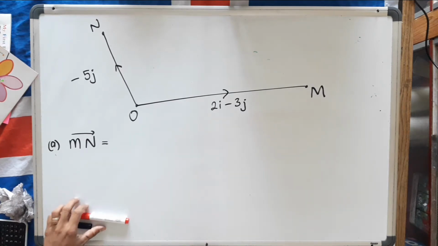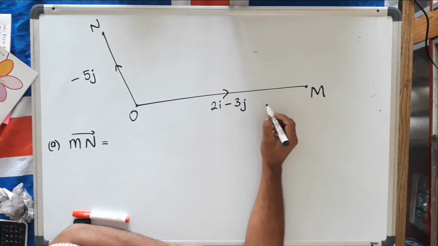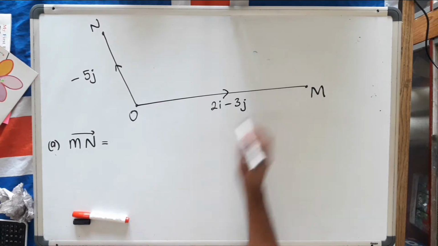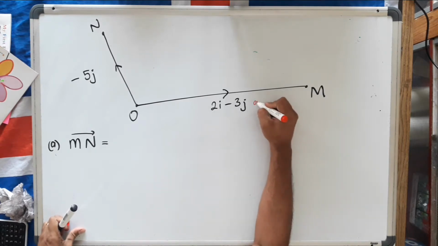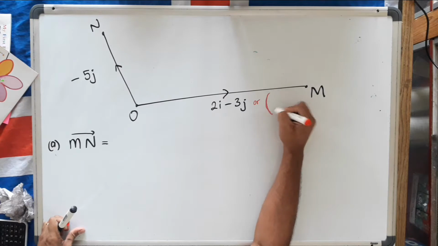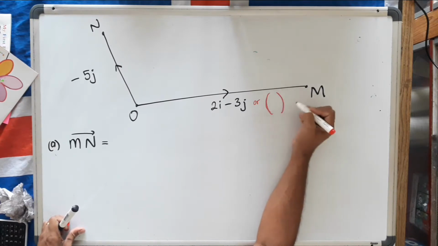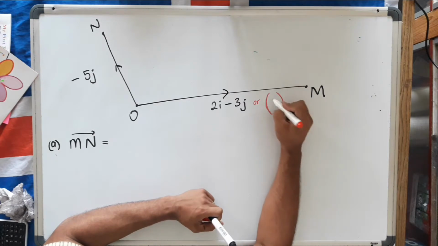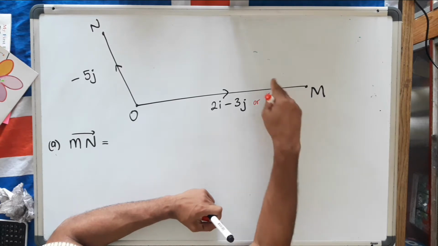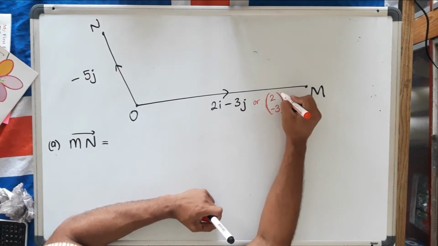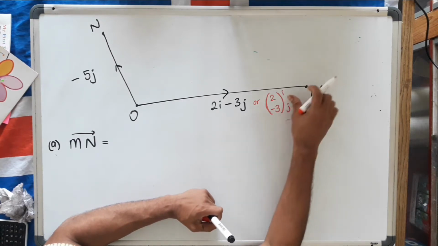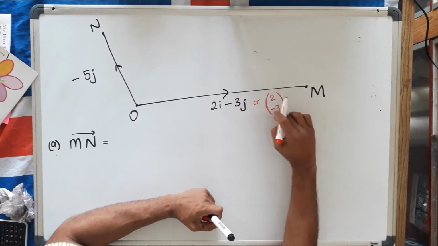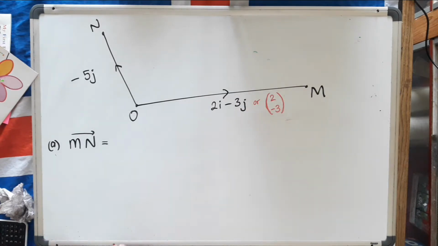First things first with I and J. I told you there are special vectors. When it's I and J, there are two ways you can write it. You can write it horizontally like this, or you can write it in the vertical way, but the real name is column form. It's 2 and minus 3. You notice when I write it vertically, there's no I and J. That is because the top number is automatically I and the underneath number is automatically J. But only reserve this special way for I and J, please.